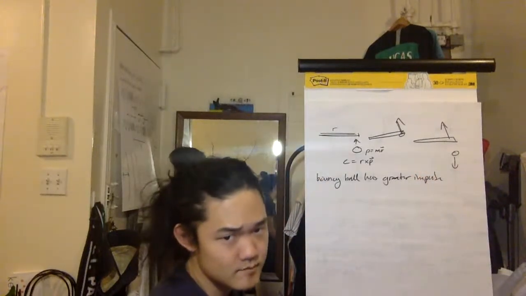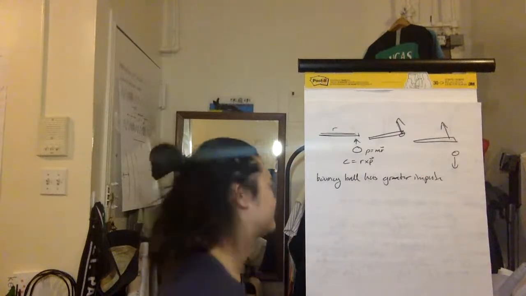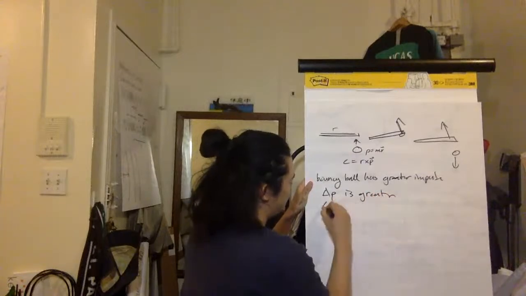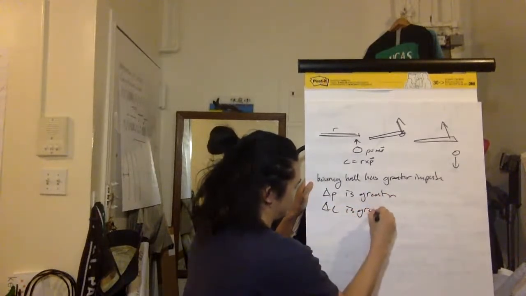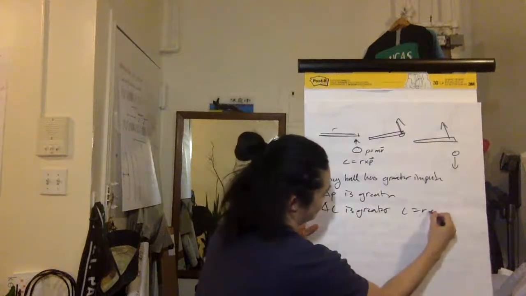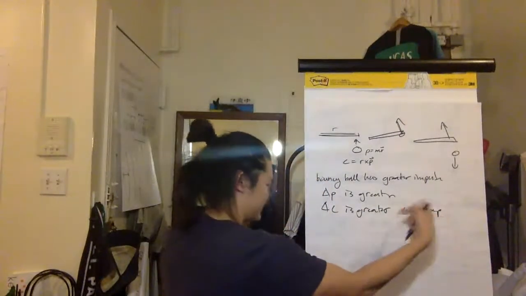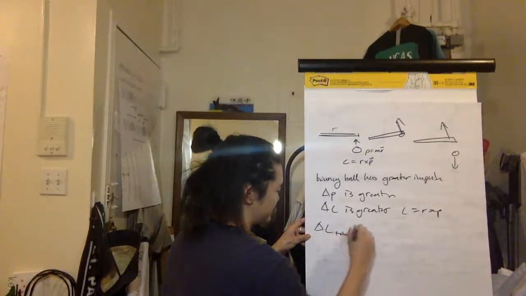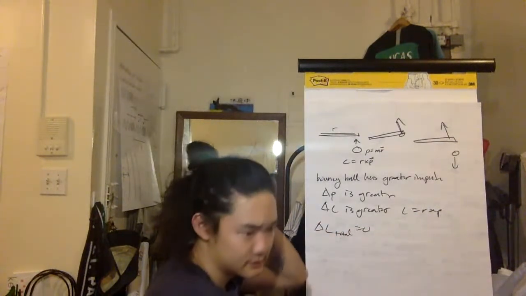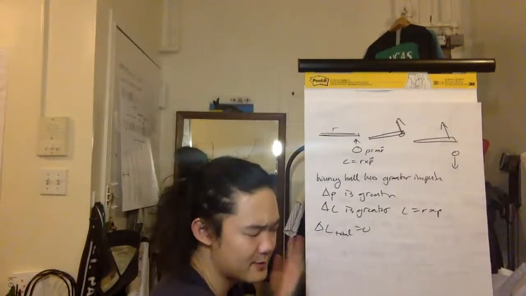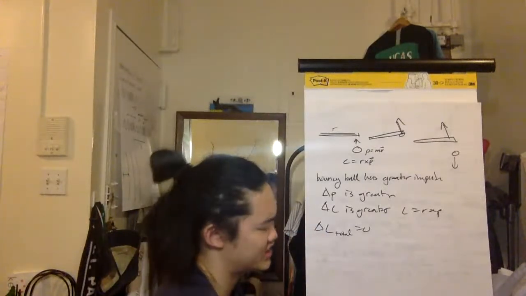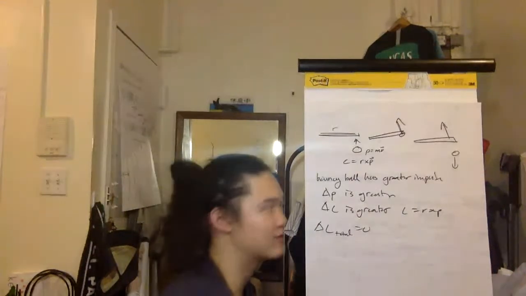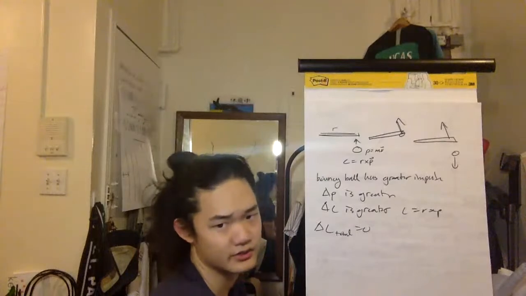So its change in P is greater, which means its change in L is greater, because L is just r cross P. If my P changes a lot, then my L changes a lot. Since the total change is 0, the change in angular momentum for the door is the same as the change in angular momentum of the ball. So wherever the ball has a greater change of angular momentum, the door has a greater change.